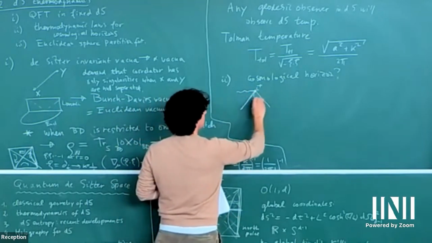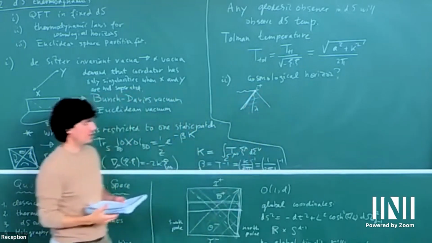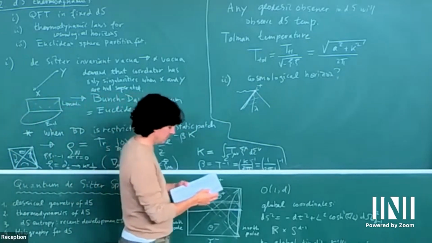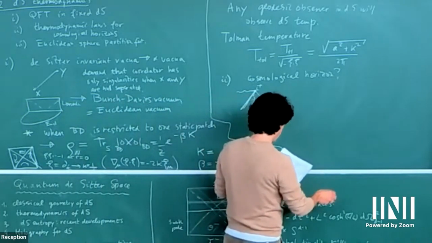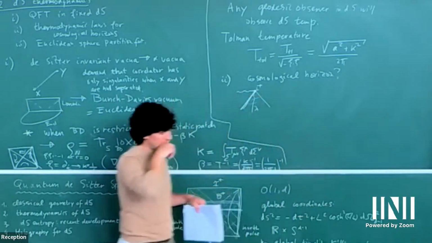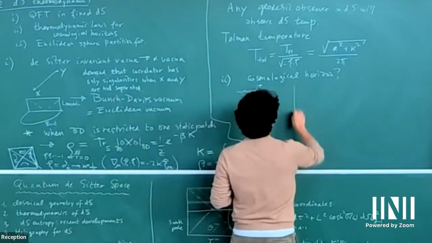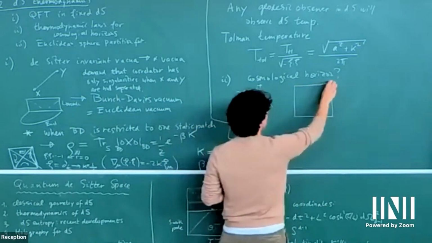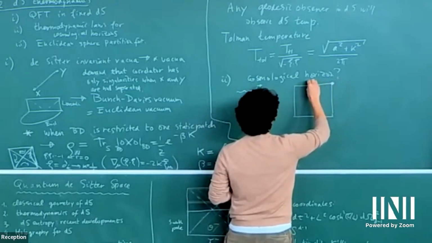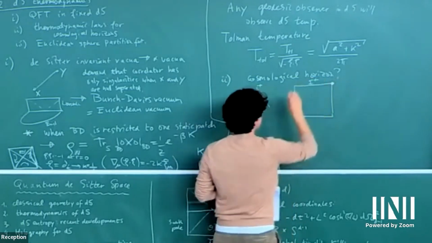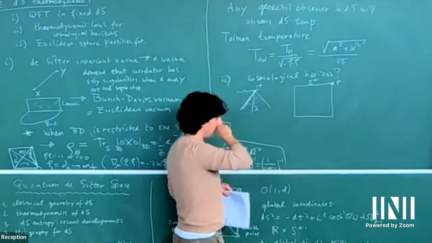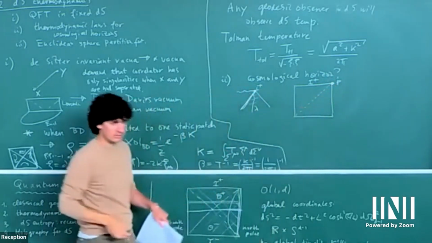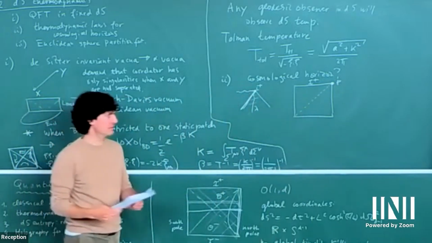So this is the past, and the boundary of the past is the black hole event horizon. Now you can generalize this to other spacetimes, and in particular also to de Sitter space. So in de Sitter space, how do you describe a cosmological event horizon? You pick a point P at scri plus, and you draw the boundary of the past. So that's what a cosmological event horizon is.